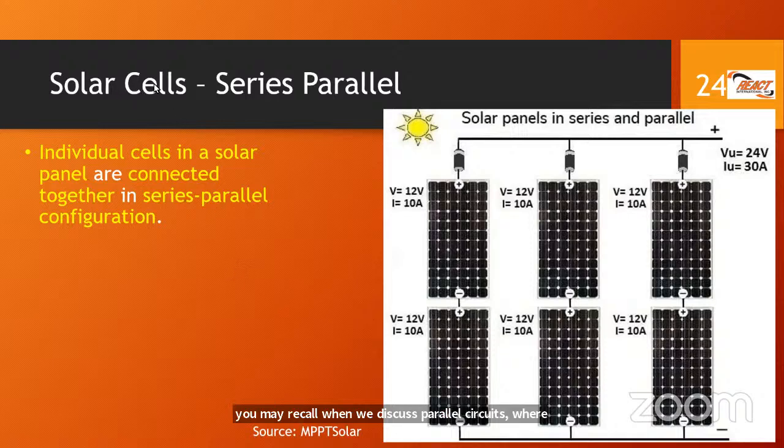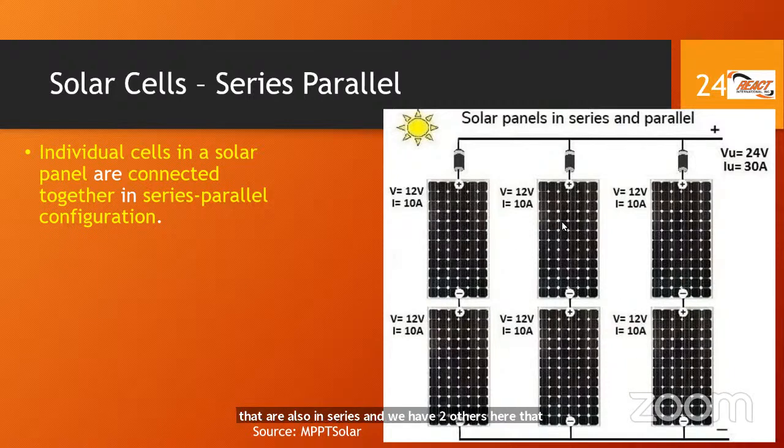But in the case of solar cells that we're connecting together to make a solar panel, we are connecting them in series parallel. So the individual panels like this will be in series. So you have these two solar cells, right? I mean, these are really solar panels on your screen, but think about this as a solar cell connected to another solar cell. These two are in series. But notice we have two others here that are also in series, and we have two others here that are also in series.